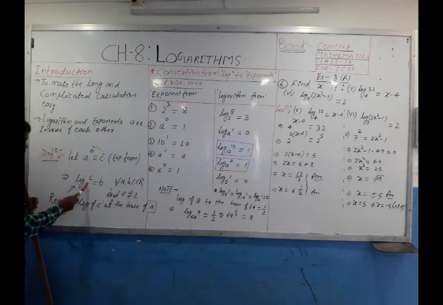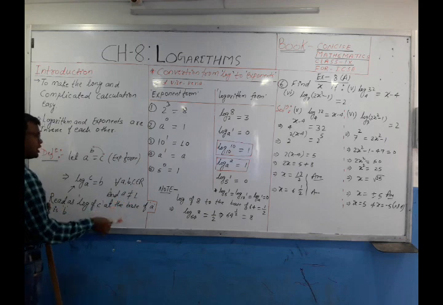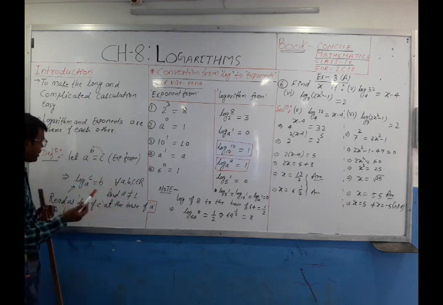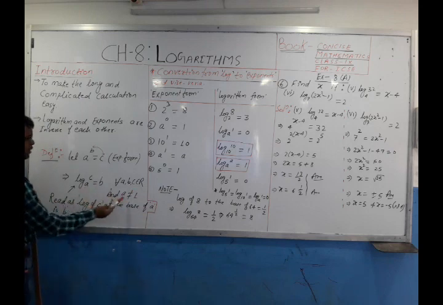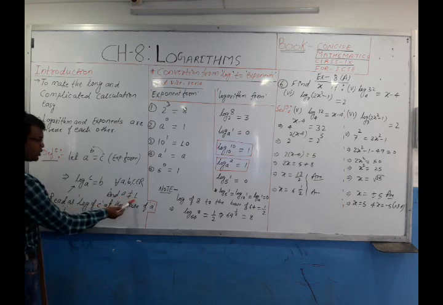Here a is the base part. Therefore, a cannot equal 1. Why? This will be learned in class 11 also, so don't try to know why a is not equal to 1 right now. Since log base 1 is not defined here, a is not equal to 1.